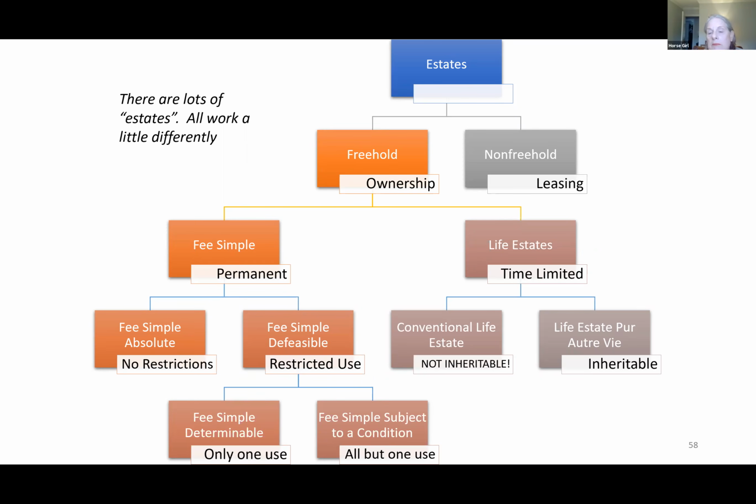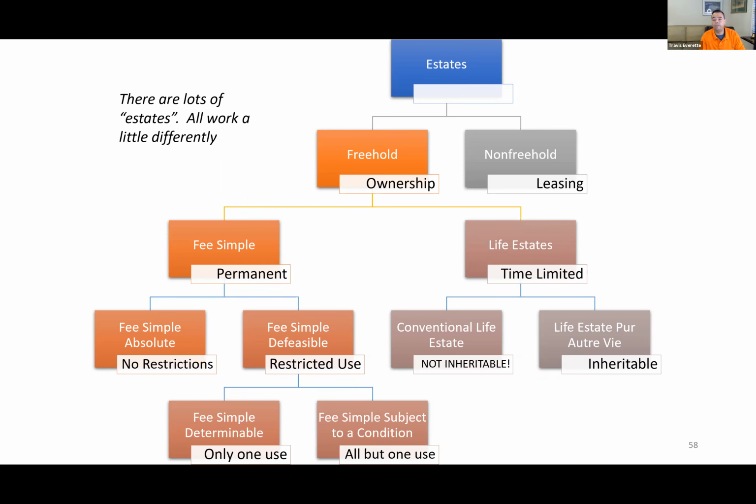I got it. Okay. So this chart, when you first look at it, is entirely overwhelming. I put it here not to be explanatory. I put it here because I want you to see what we're about to tackle. We're about to go down a road and tackle a lot of different estates.